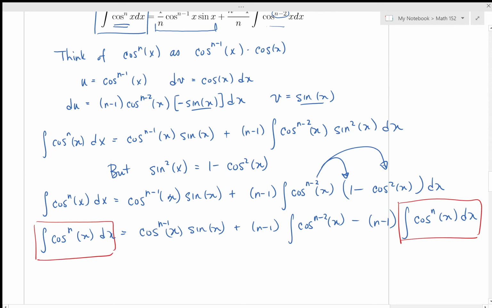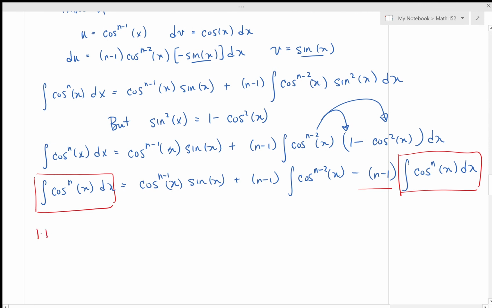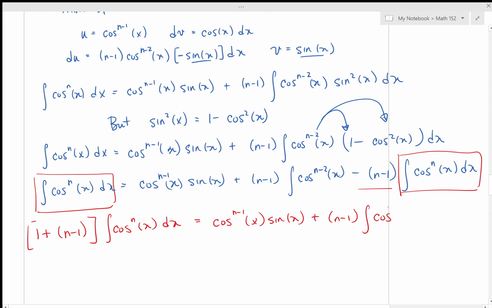I have one of them here, and I have n-1 of them there. So over here I would have 1 plus n-1, multiplied by the integral of cos^n x dx, and that's going to be equal to the rest of this stuff: cos^(n-1) x sin x plus n-1 times the integral of cos^(n-2) x dx.